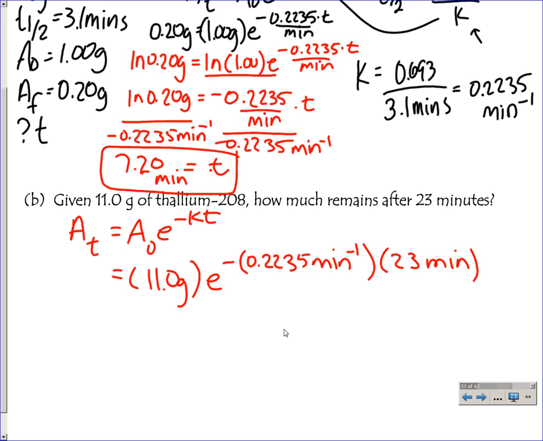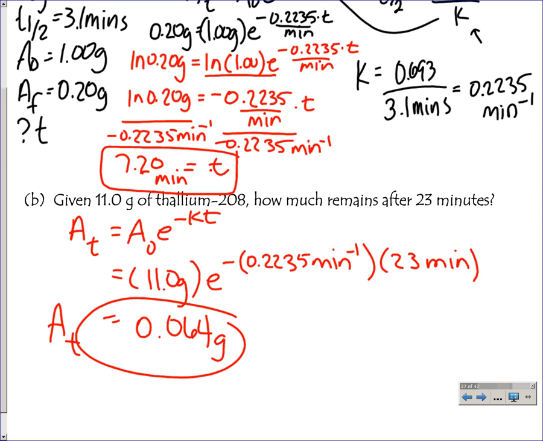All you do is put that calculation in your calculator, and when you multiply everything out, you should get, for your answer, 0.064 grams. That is the amount at time t, at 23 minutes. So that's a calculator-based one.